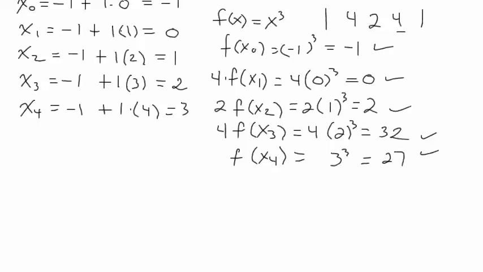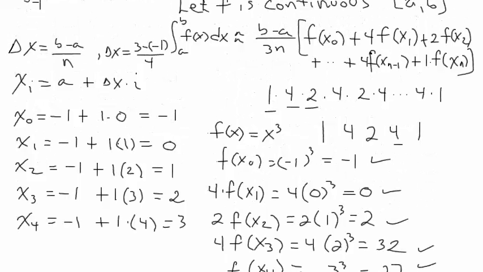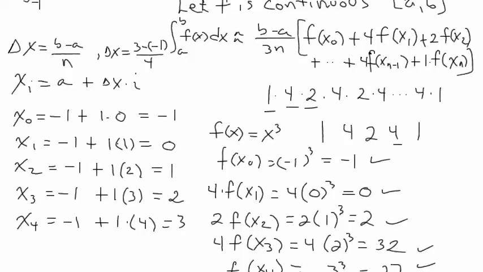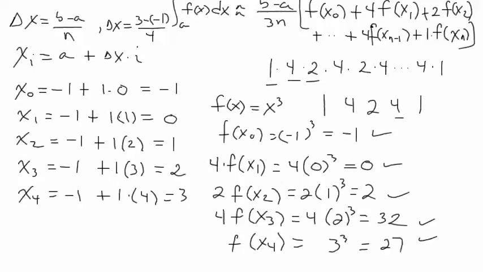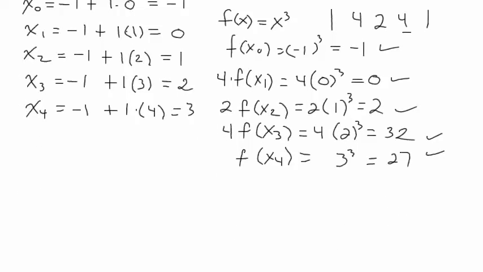All right, let's now come over here. Now remember, this was b minus a over 3n. So b minus a over 3n, right? So remember, b minus a over n, we're going from negative 1 to 3.